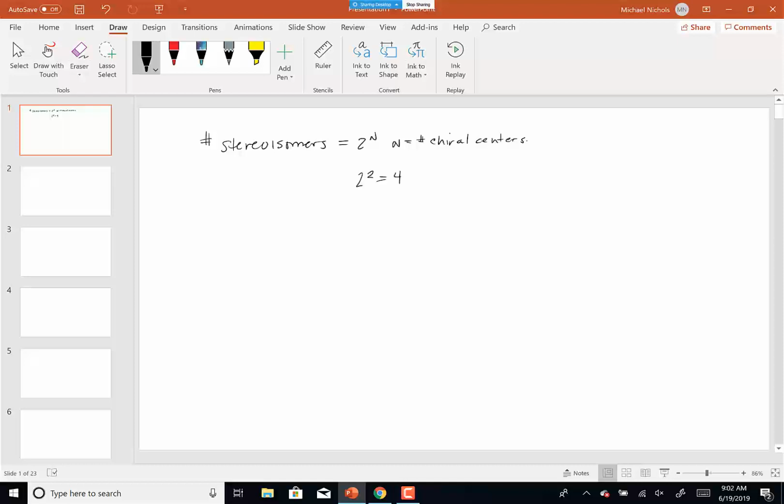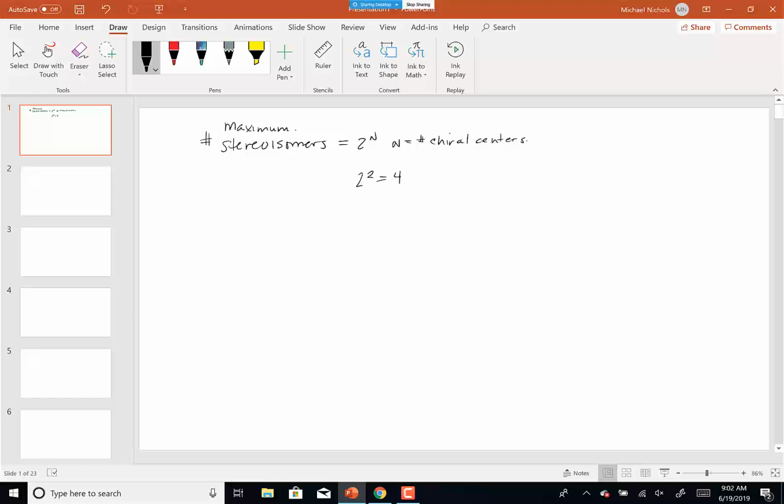And I should say that's the maximum number of stereoisomers, because there are molecules that have 2 chiral centers but only have 3 total stereoisomers, and so we'll talk about that.